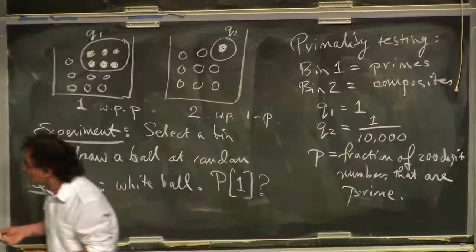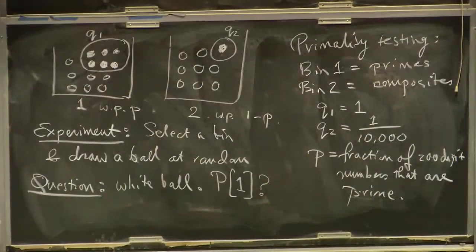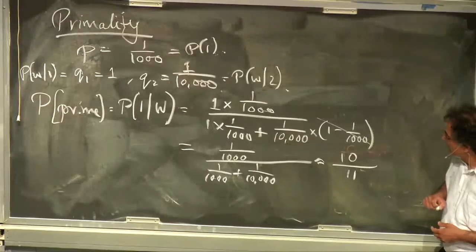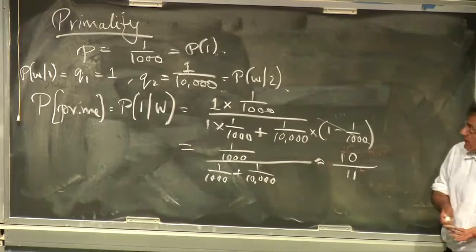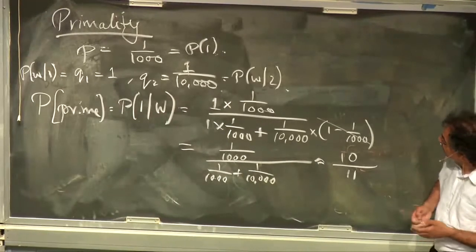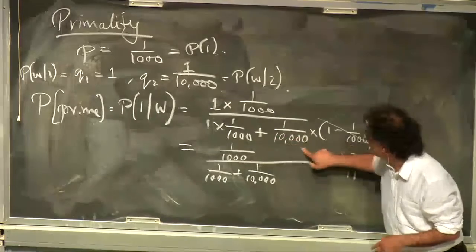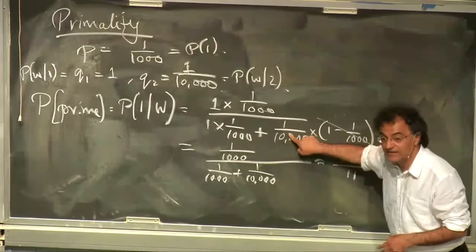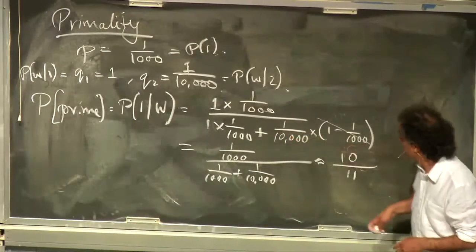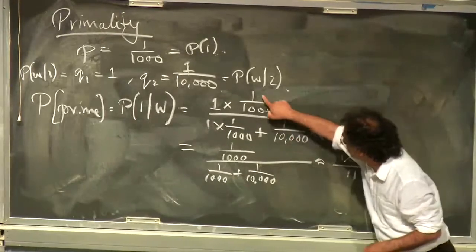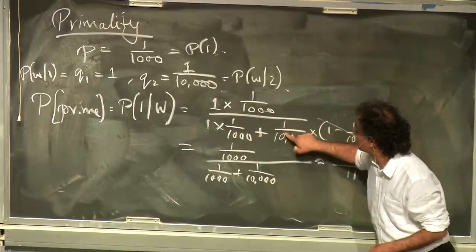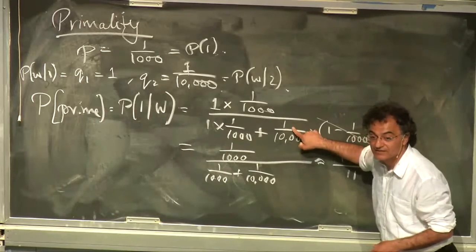So now you can figure out, well, what's your error tolerance? So suppose you're happy with letting it run twice as long. What do you end up getting here? Well, you just work your way through this again. And basically, the only thing that's really going to change here is that this 10,000 will be replaced by 10 to the 8. And so you'll get 1 over 1,000 divided by 1 over 1,000 plus 10 to the minus 8.